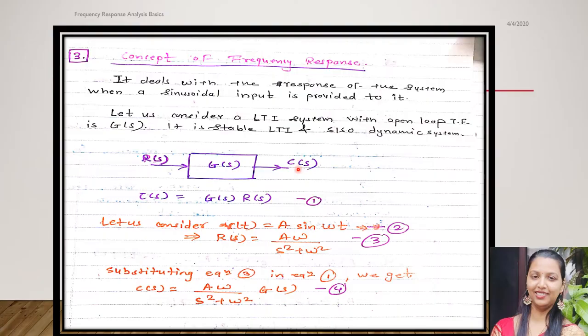Let r(t) and c(t) be the input and output signals of the system. Now we have to prove that for a sinusoidal input, the output at steady state will also be a sinusoid of the same frequency but with different magnitude and phase angle.